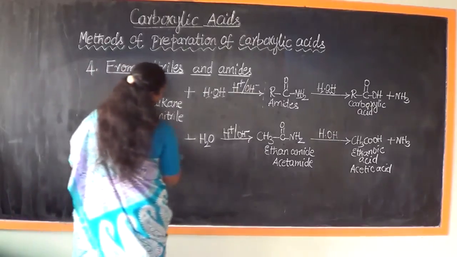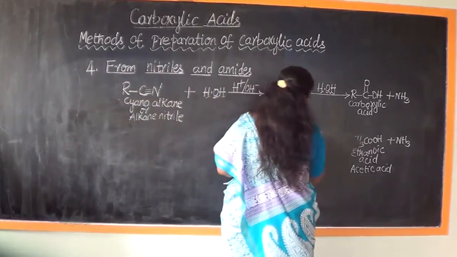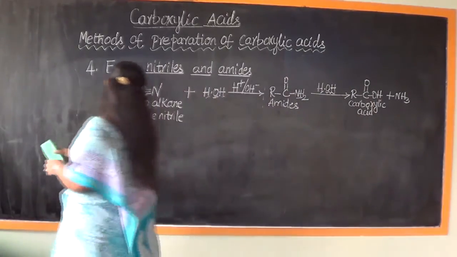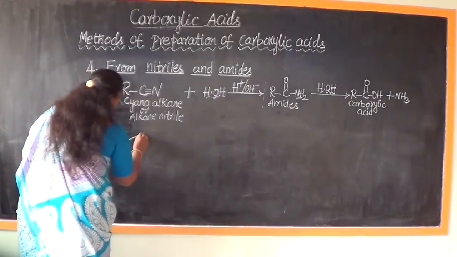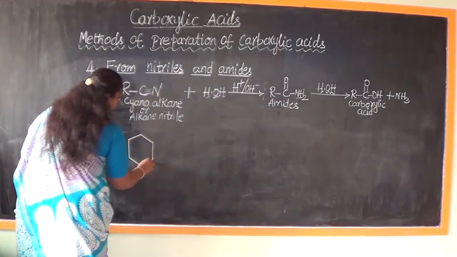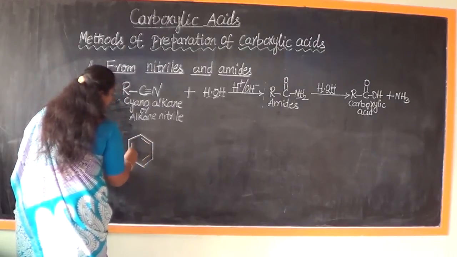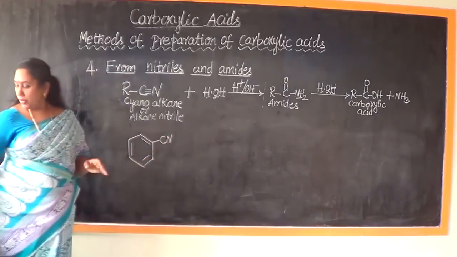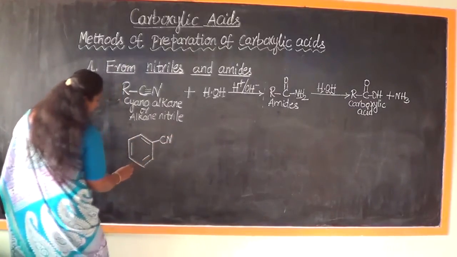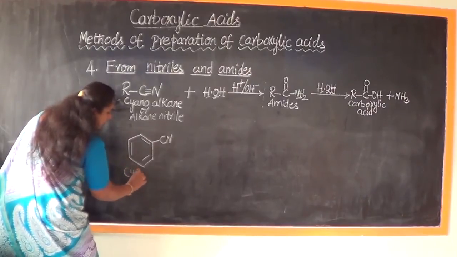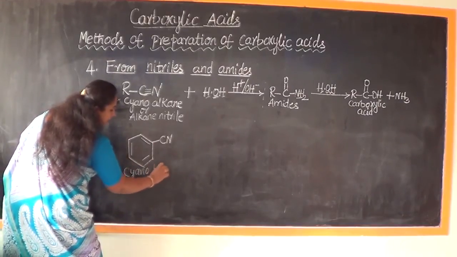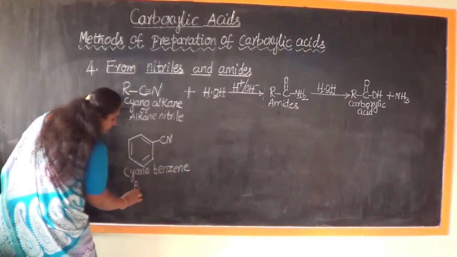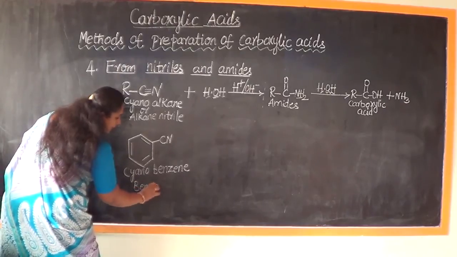Now let us take up another example, this time with an aromatic hydrocarbon. I am drawing the benzene ring first, and then the cyano group is attached to the benzene ring. So what would be the name of this compound? This can be called cyanobenzene. Or else I can also call this benzonitrile.